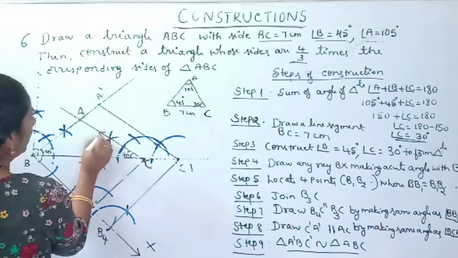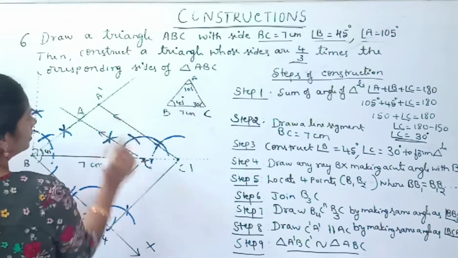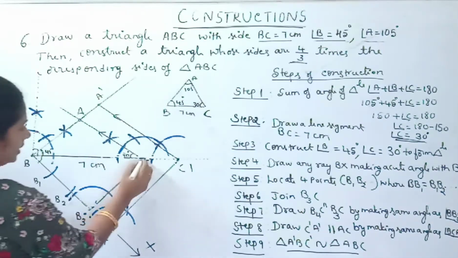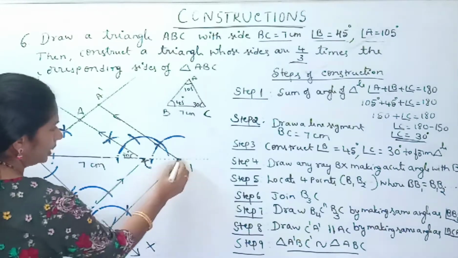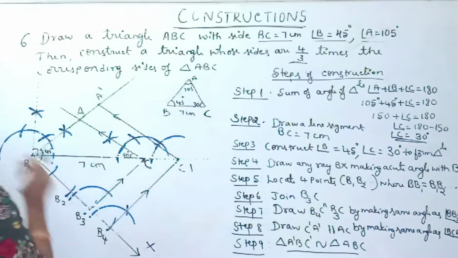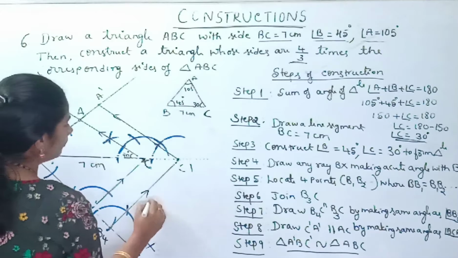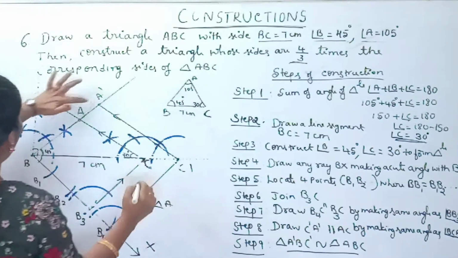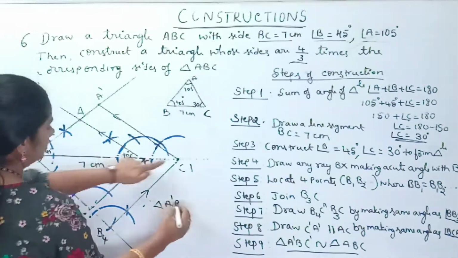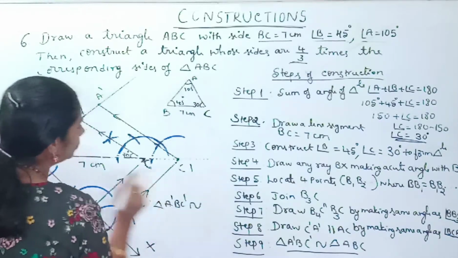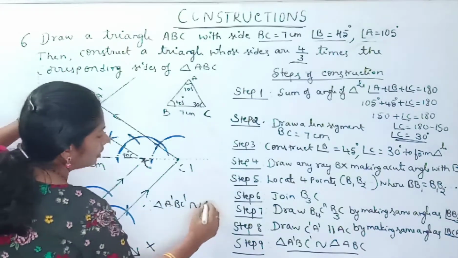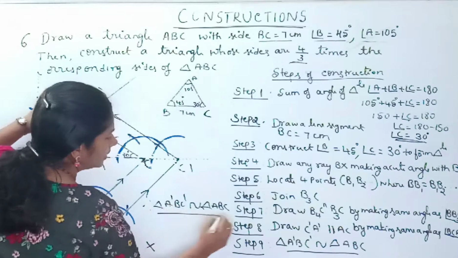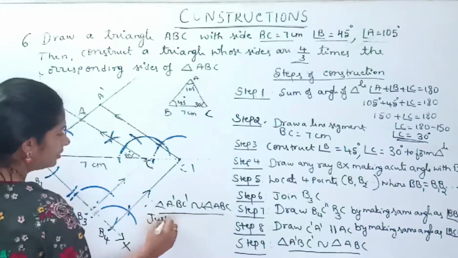Now AC is parallel to A dash C dash and B3C is parallel to B4 C dash. Now triangle A dash B C dash is similar to triangle ABC. Justification.